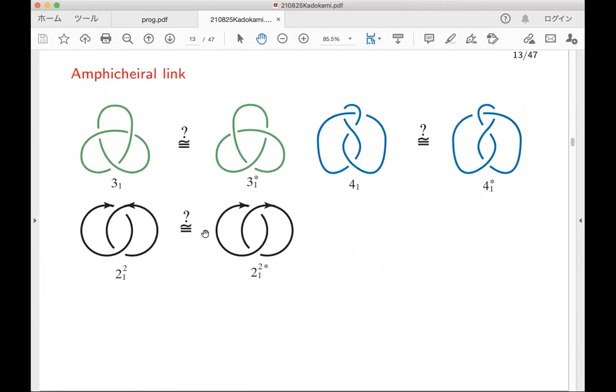We define the Amphicheirality link. We like to use notation: for a link, for example L, its mirror image we denote by L star.